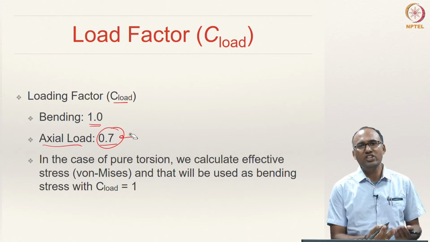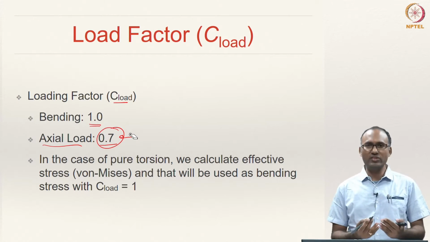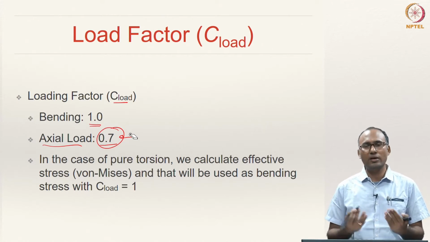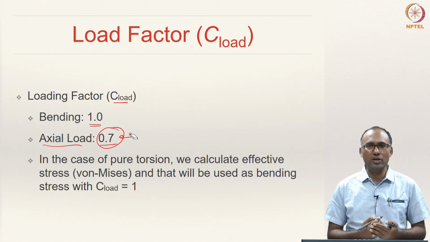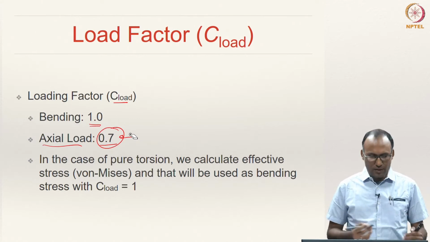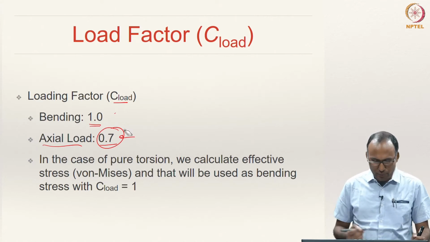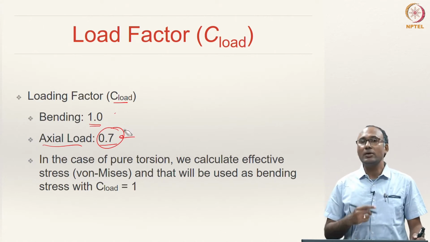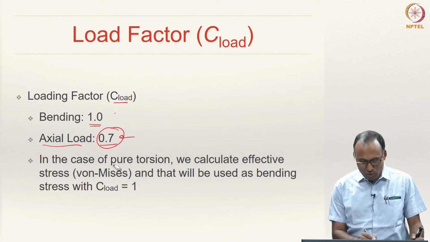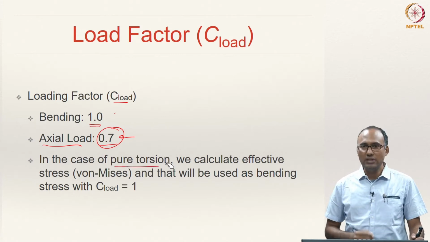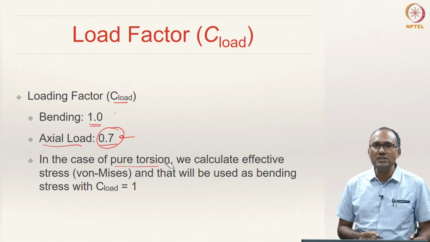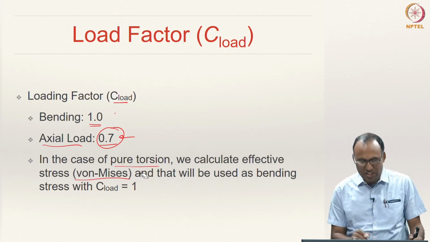Sometimes it can be 0.68, 0.72, but 0.7 seems to match the test data in real world applications pretty much. Hence when your load is different from bending load, and if it is axial load, you take 0.7. If your component is subjected to pure torsion, then we calculate the von Mises stress from pure torsion.